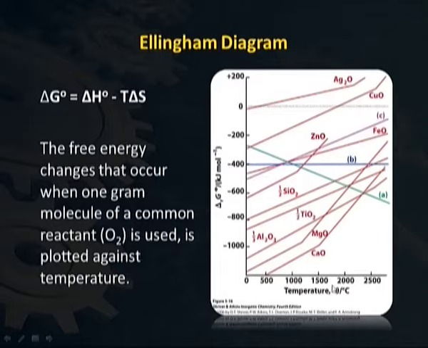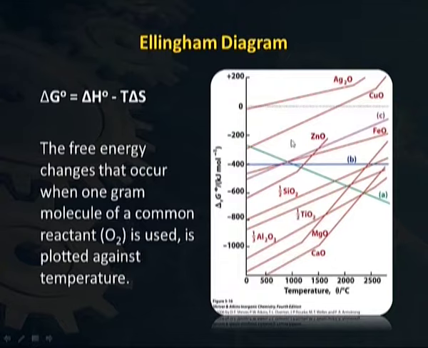Coming to the Ellingham diagram, this is nothing but a plot of free energy change versus temperature for various reactions, and as we saw, these equilibrium free energy changes are basically lines for different reactions.